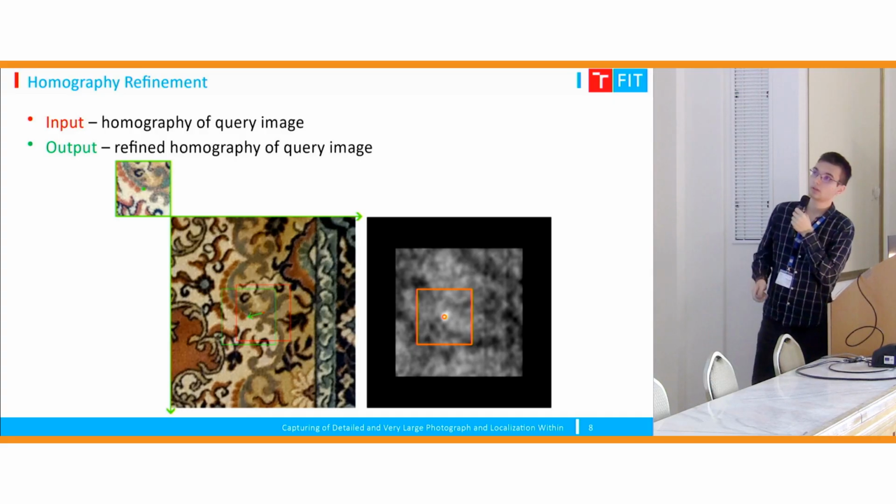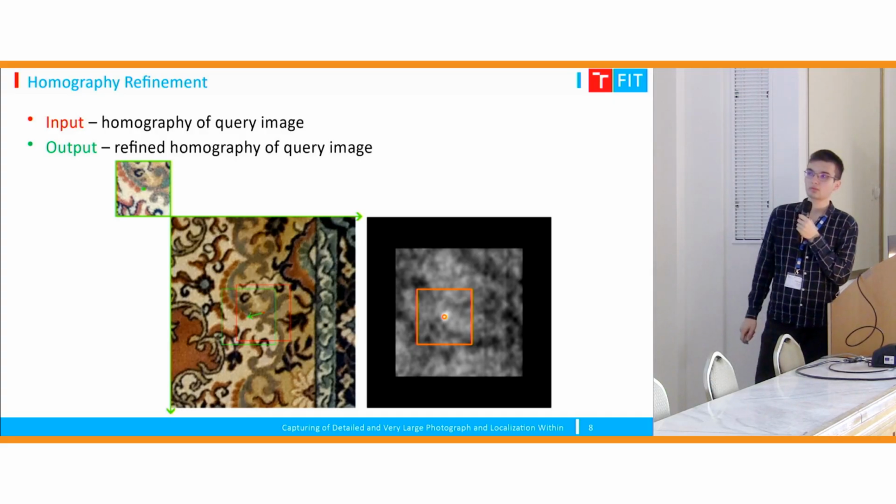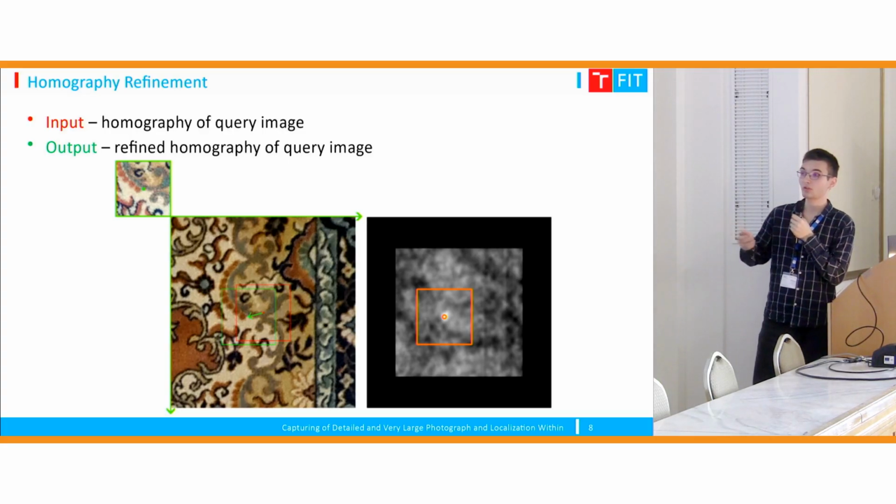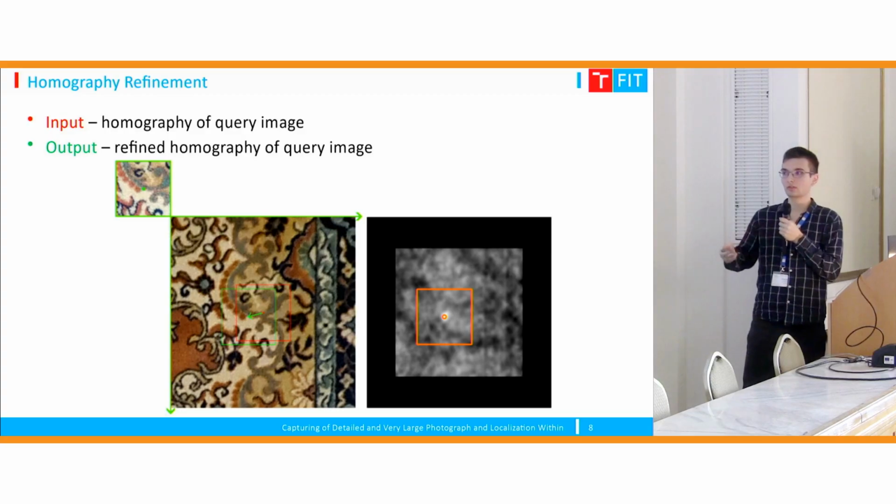For homography refinement, I used template matching. It's a very simple method to move the potential hypothesis for the homography using template matching. So this was the hypothesis for the one middle point for the big picture, but it wasn't very correct.